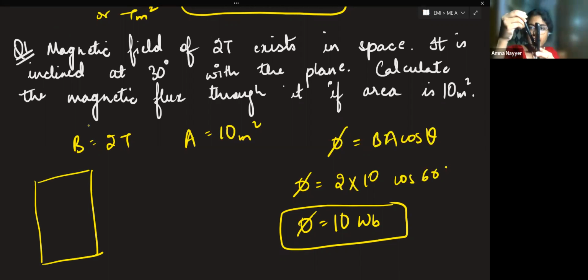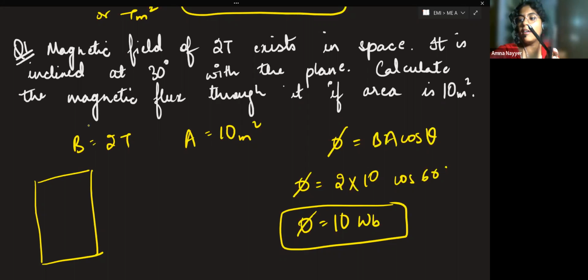The magnetic field line is inclined at this angle, and this angle is 30 degrees. We do not require this angle. We need some other angle present within this. This is your plane sheet and this is the magnetic field, making an angle of 30 degrees with the plane.